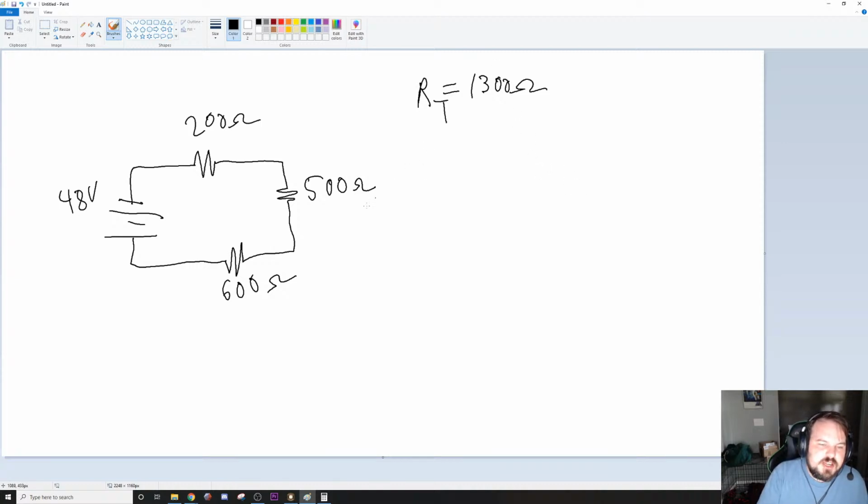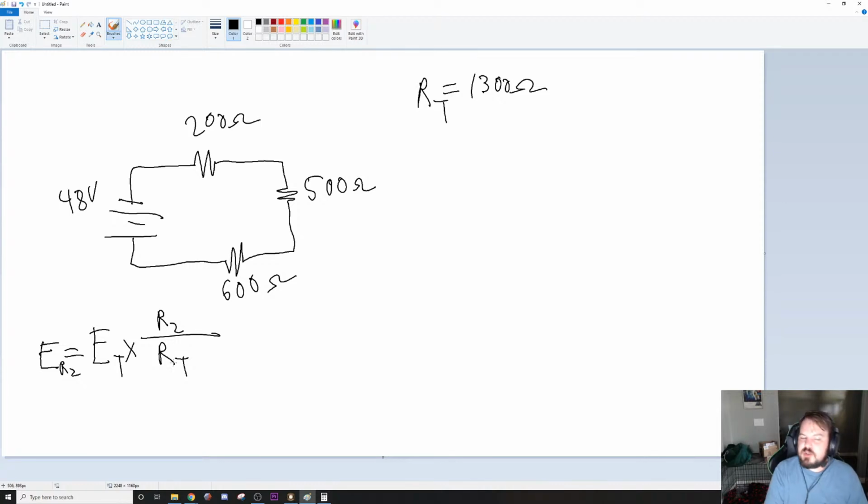The law of proportionality is literally, I'm going to write it out like we're going to use it, but you just use whatever voltage you're looking for. E of R2 is equal to E total times R2 divided by R total.